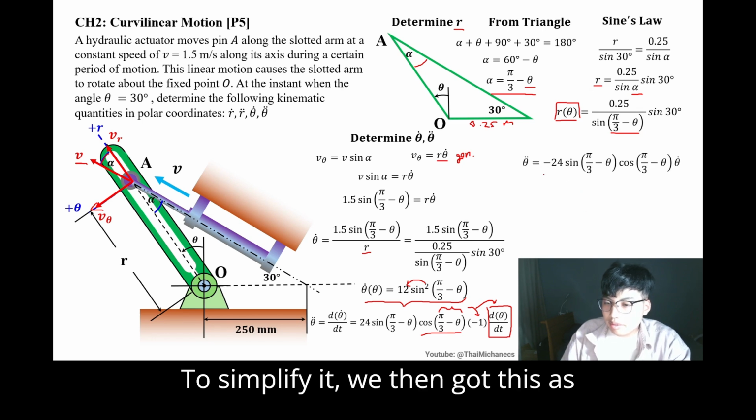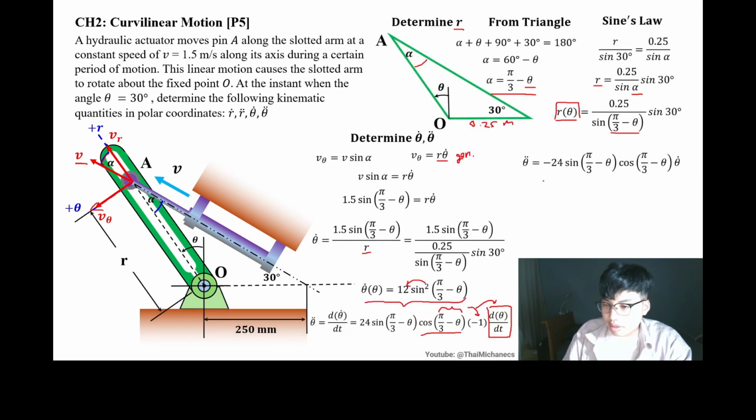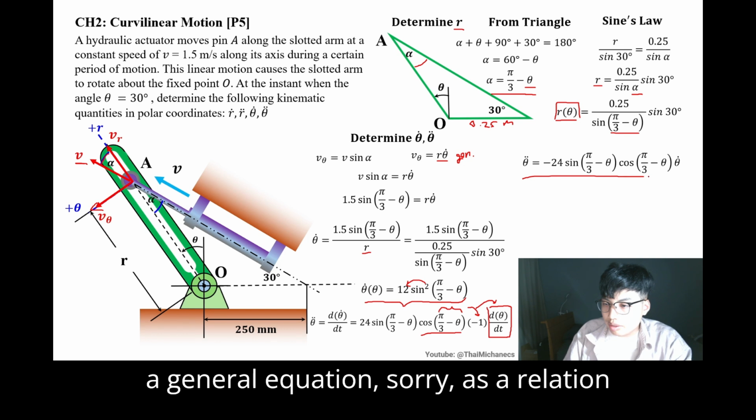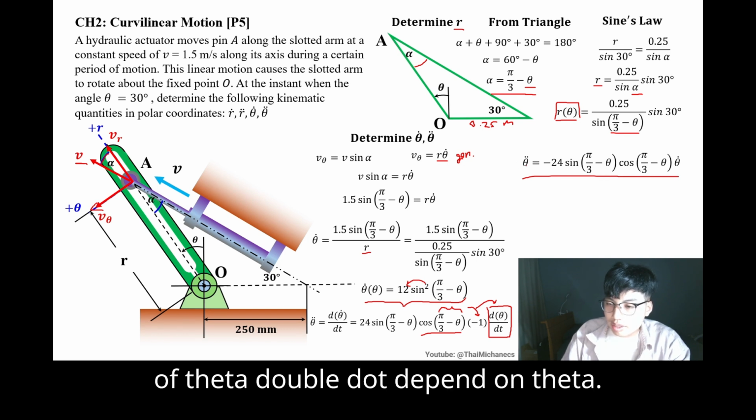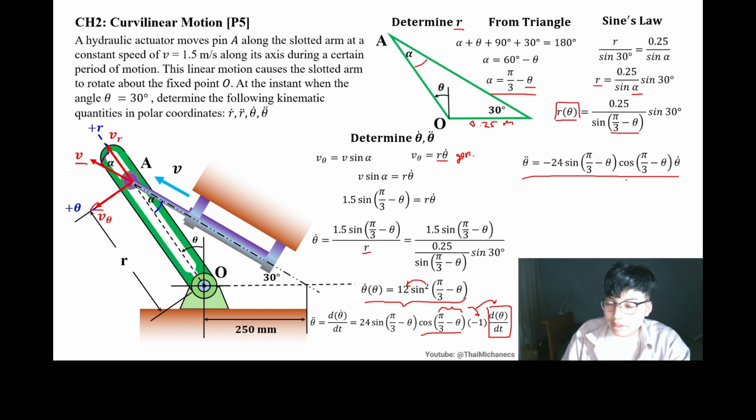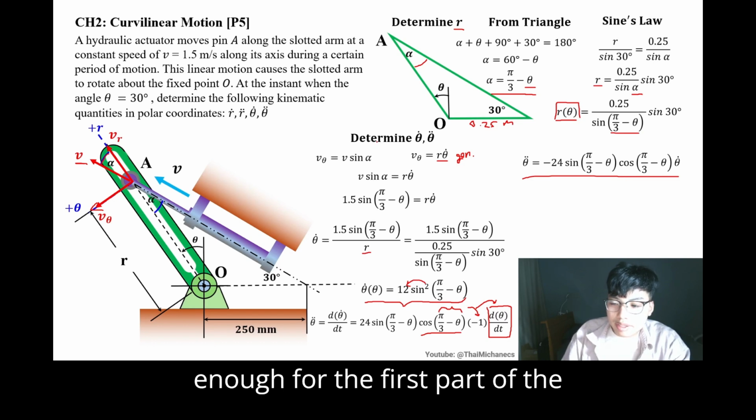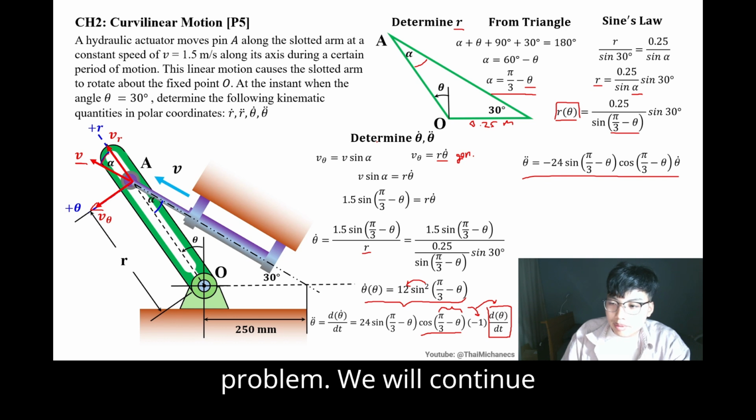To simplify that, we get this general equation, the relation of theta double dot depending on theta. I think it's long enough for the first part of the problem.